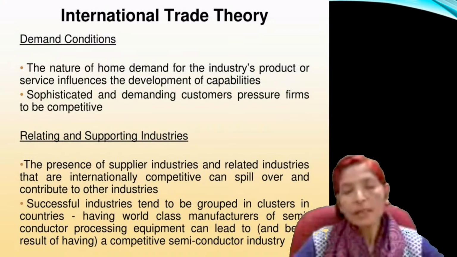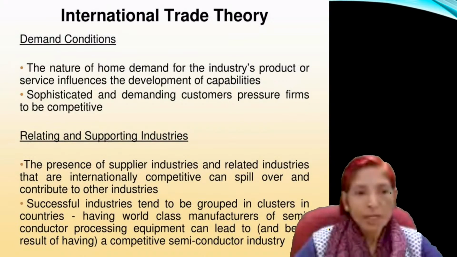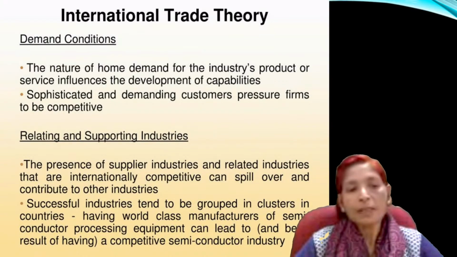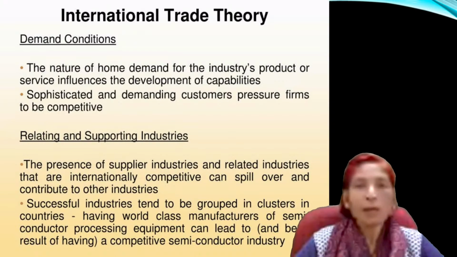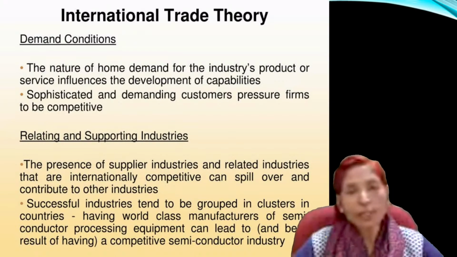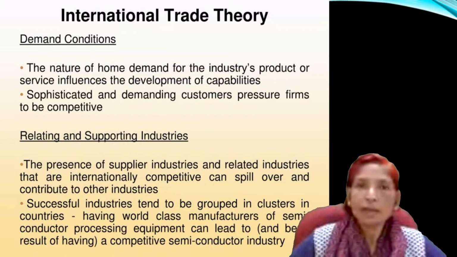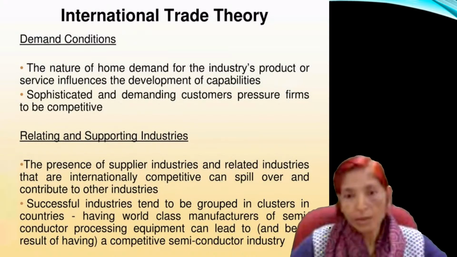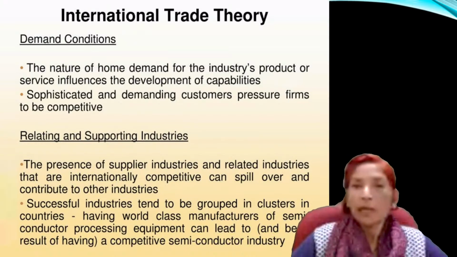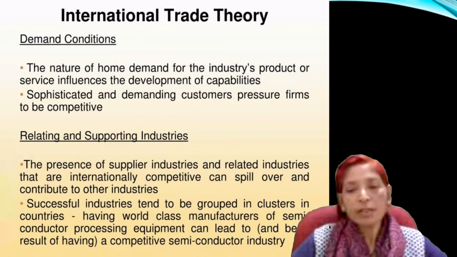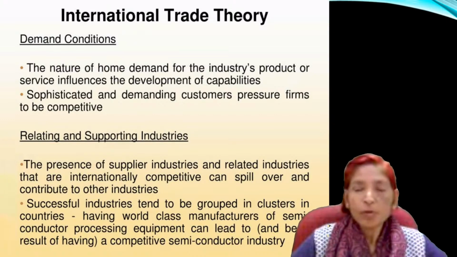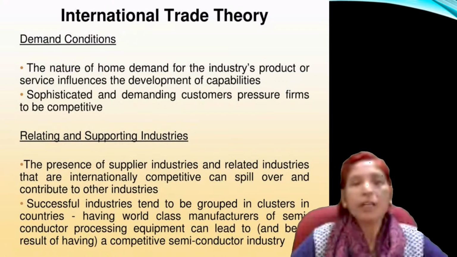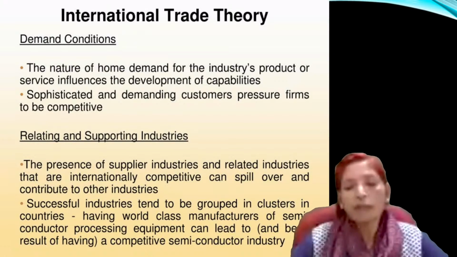Next is related and supporting industries. The presence of supplier industries and related industries that are internationally competitive can spill over and contribute to other industries. Successful industries tend to be grouped in clusters or in groups. A country having world class manufacturers of semiconductor processing equipment can lead to a competitive semiconductor industry.